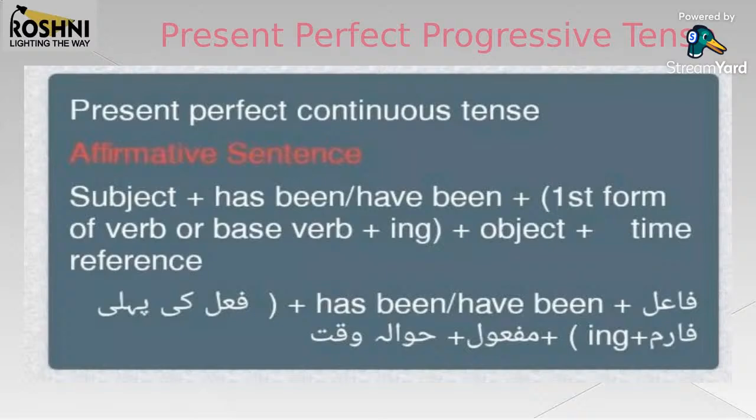Over here, as you can see, with the subject has been, have been, first form of verb plus ing, object and then time. जब तक हम टाइम रेफरेंस नहीं देंगे यहाँ पे, this tense will not be complete. My room has chilled because of the weather. We have bought a car.